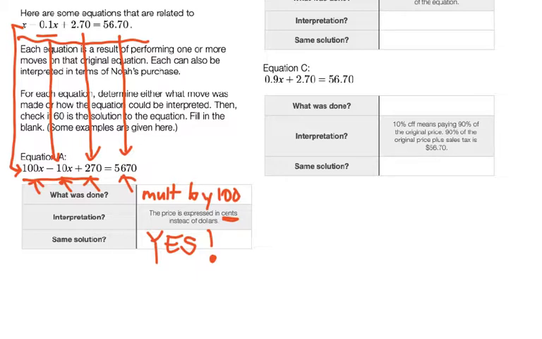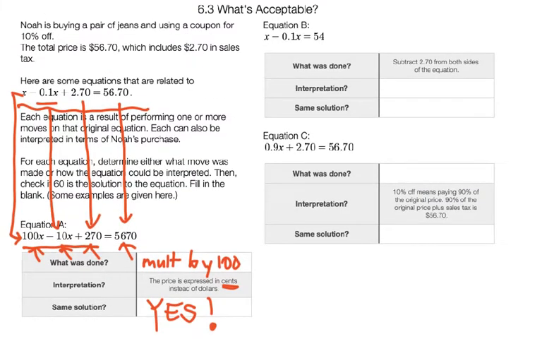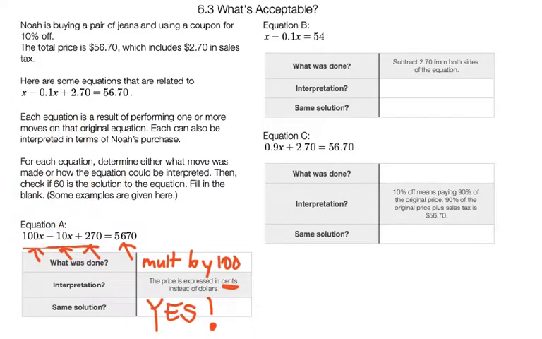But I'm too lazy, and I just know that whatever I did to the right, I did to the left. And whatever I did to the left, I did the exact same thing to the right. All right. Now let's look at equation B. Again, we're looking at the exact same thing. I'm going to erase this because now we're looking at B.